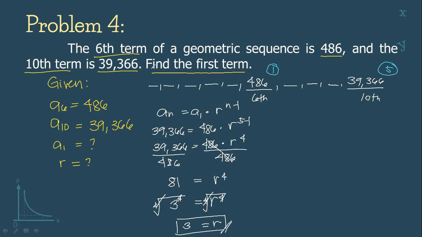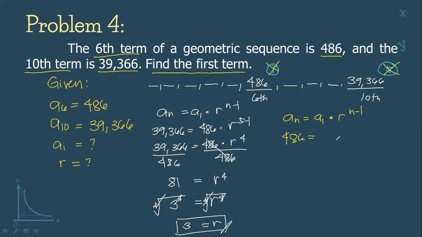Ang tinatanong po sa atin is find the first term. So, again, we have a sub n is equal to a sub 1 multiplied by the common ratio natin raised to n minus 1. So, ibabalik na po natin itong sequence natin sa original form niya. Let us assume that this is the a sub n, that is 486.